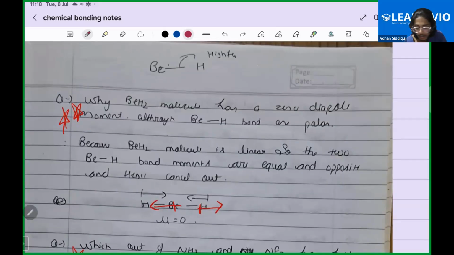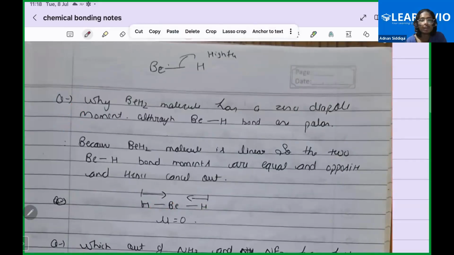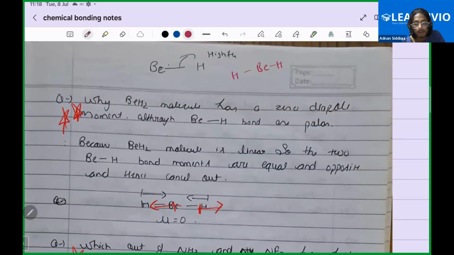They are saying my BeH2 molecule is a non-polar molecule, right? But the bond between Be and H is polar. Zero dipole means what? There is no shifting of electron density. If there is no shifting of electron density, then the molecule is non-polar.